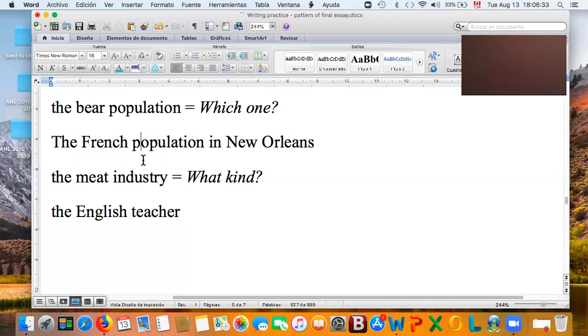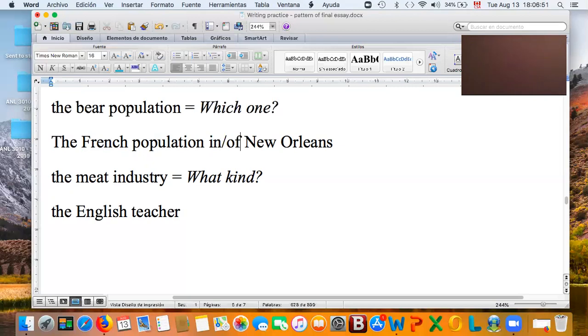Well, for reasons that I'll let you figure out on your own, we pronounce this as the French population in or of New Orleans. Not the French population of New Orleans.